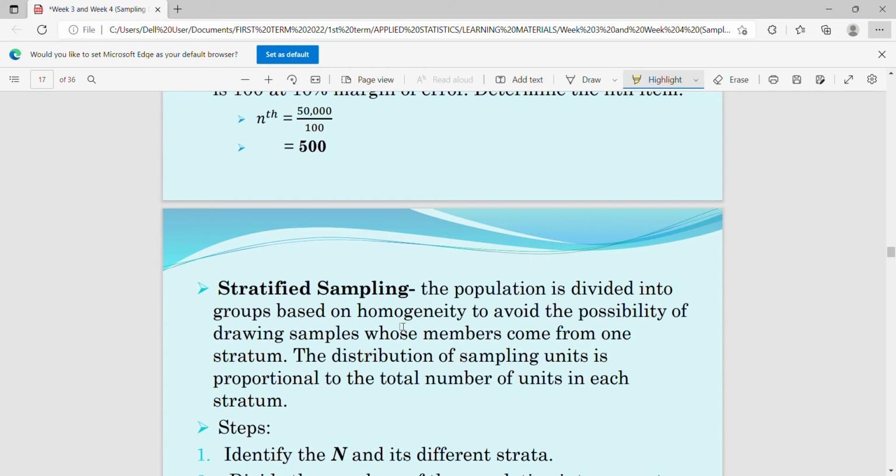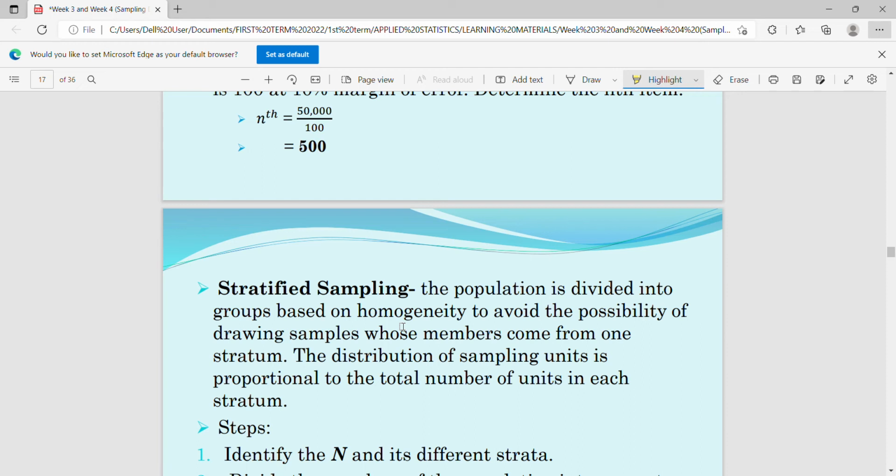It is an advantage because when you group your population, there is an equal distribution of sample. So it will not happen that most of the sample comes from group 1 without any basis.